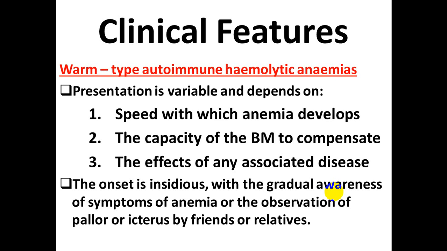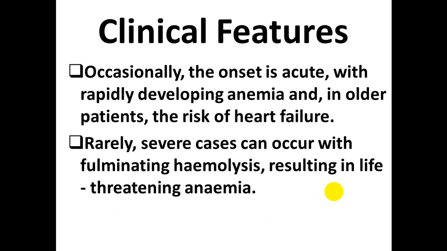The onset is insidious, with gradual awareness of symptoms of anemia or the observation of pallor or icterus by friends or relatives. Occasionally, the onset is acute with rapidly developing anemia, and in older patients, the risk of heart attack.